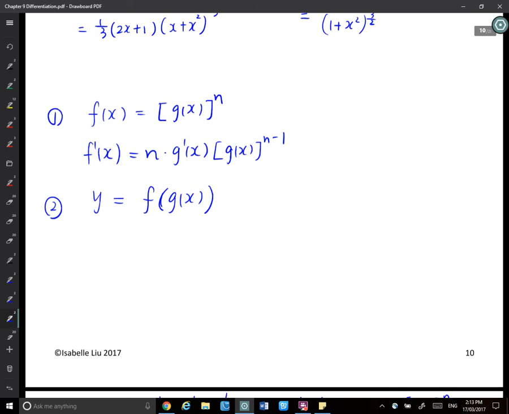So it's not a simple power combination. So what will that be? dy/dx, the derivative, will be: you derive the inside function, and you derive the outside function, and you still have whatever you have inside. So it's g'(x) times f'(g(x)).